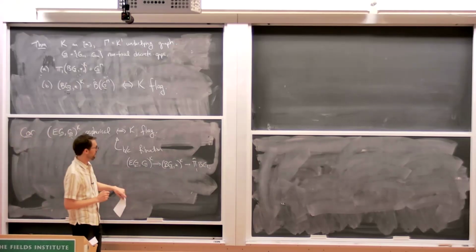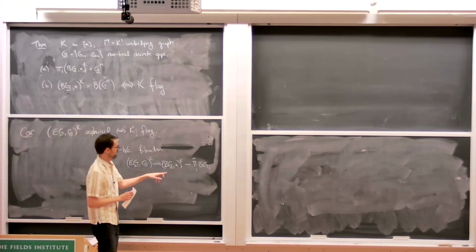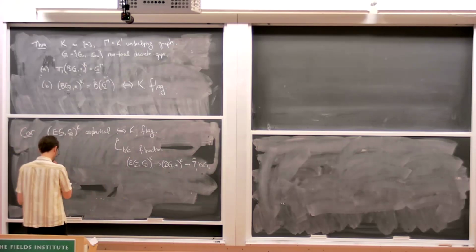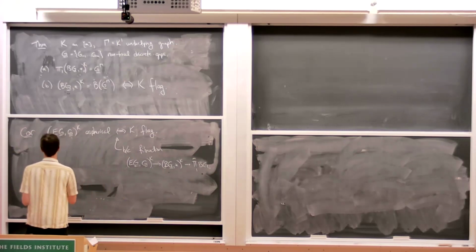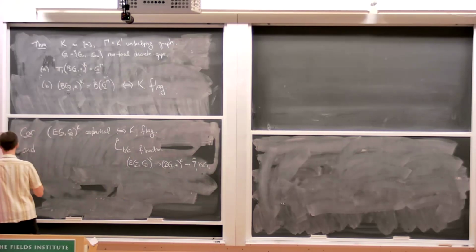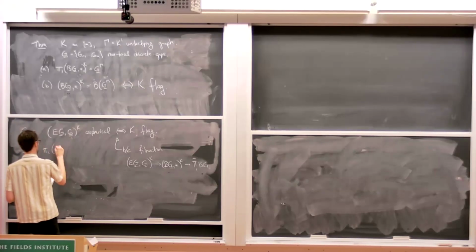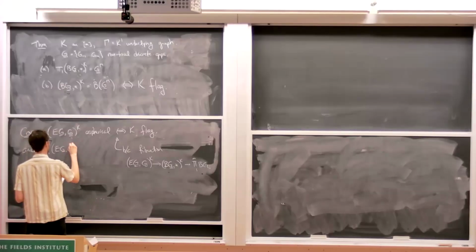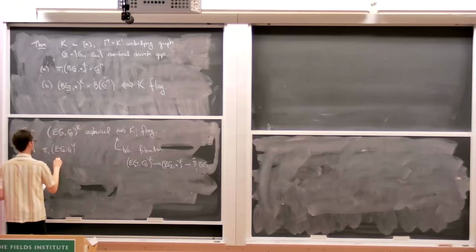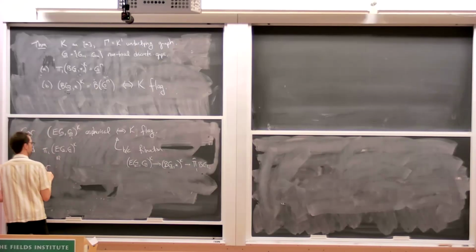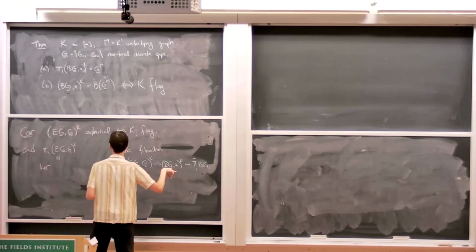Well, when you take pi1, this map is inducing an abelianization map. So corollary: pi1 of this aspherical space really looks like the kernel of this induced map.